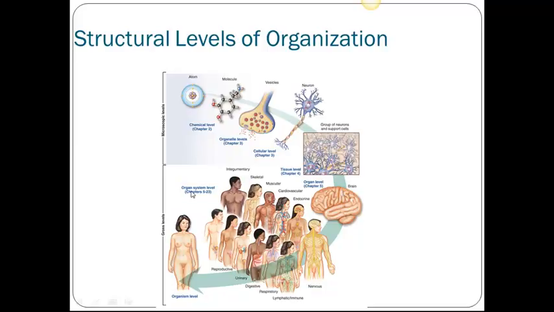The organ systems are split up into different systems. There's an integumentary system, skeletal system, muscular system, nervous system, endocrine system, cardiovascular system, lymphatic system, respiratory system, digestive system, urinary system, and reproductive system.